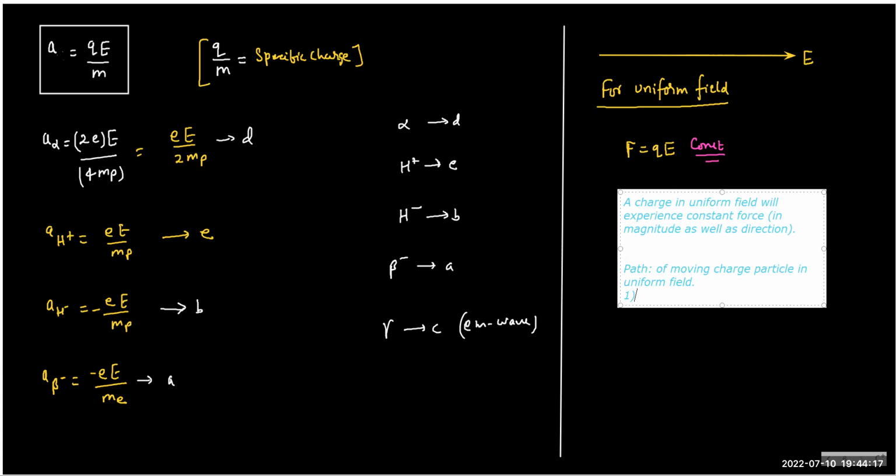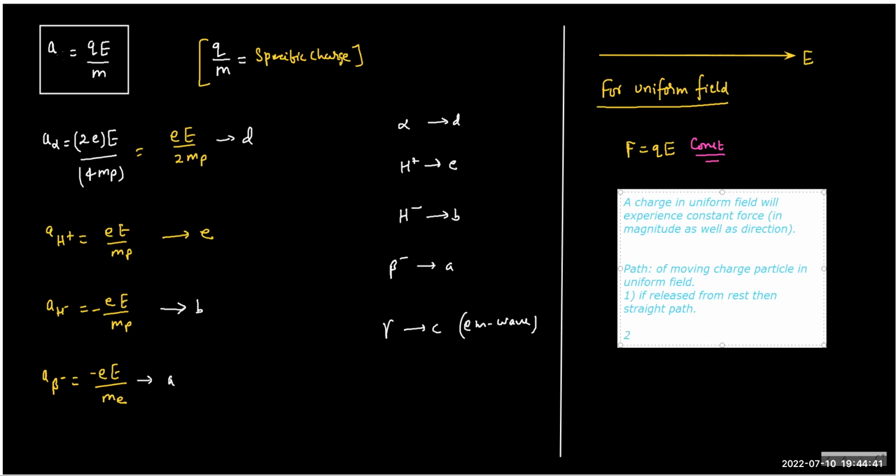So it could be, if released from rest, then a straight path. Because if you are at rest, then the motion will start because of the force itself, and it will take you in the direction of force. But what if you don't start from rest?